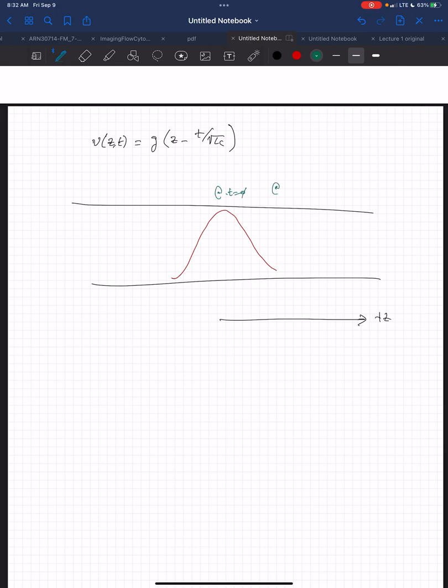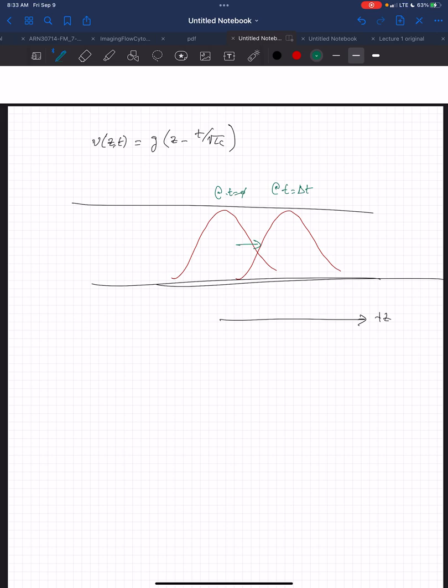At t equal to delta t, this would get shifted over by some distance. So it's traveling in the positive z direction, as a function of time.